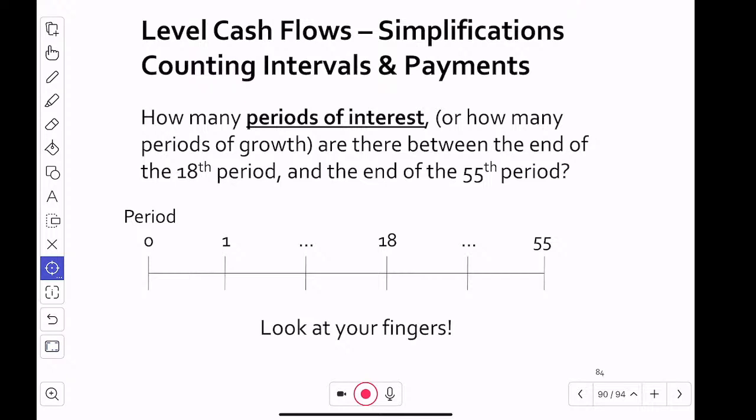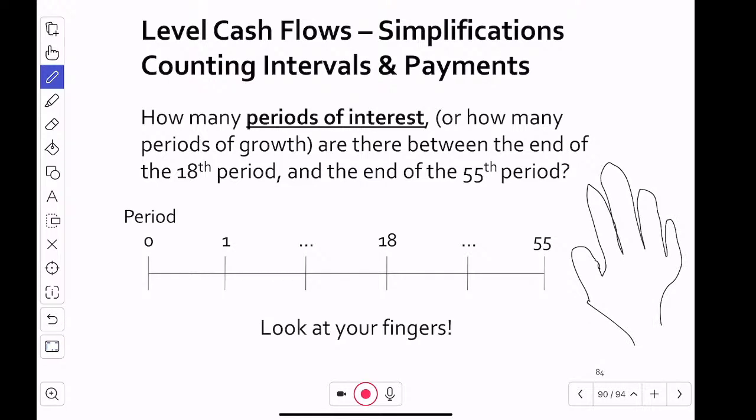Your instinct would be 55 minus 18, right? Just to verify, this is a terrible drawing, but here's your hand, 5 fingers, and in between there are intervals between the fingers.